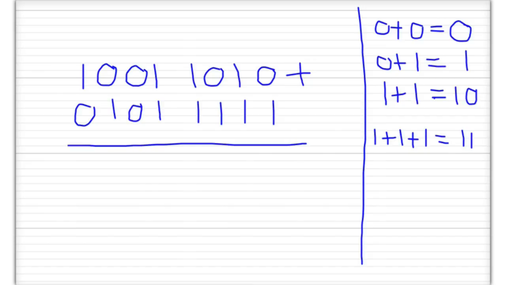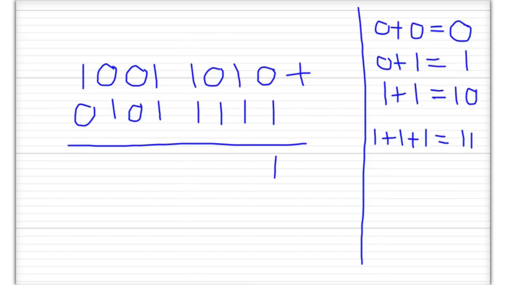To do this, for each column of digits, starting with the rightmost column, we add the digits in the column, and if the sum is greater than 1, then we carry the excess into the next column.